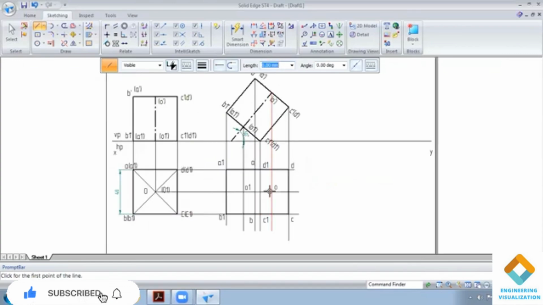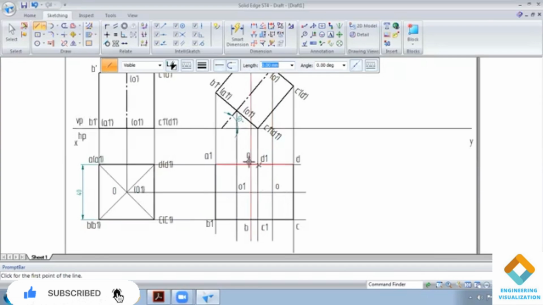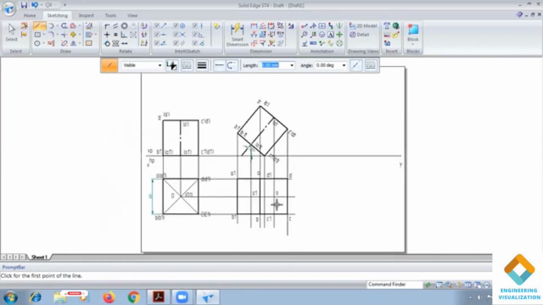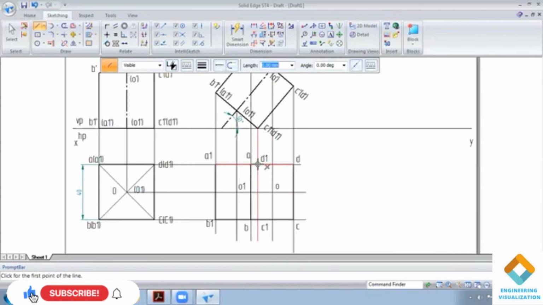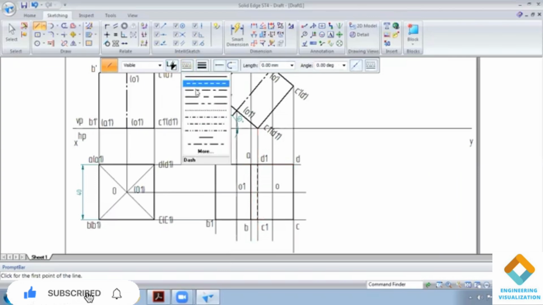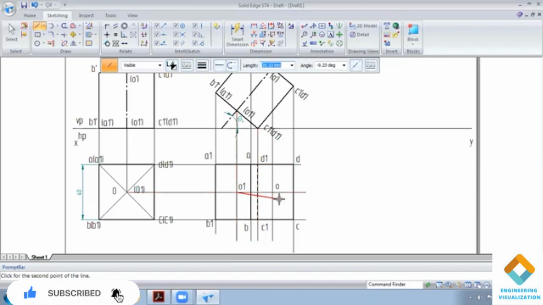Now, the top face is visible. Okay, and the resting edge here is a dashed line. And finally, we have an axis from here to here. Okay.